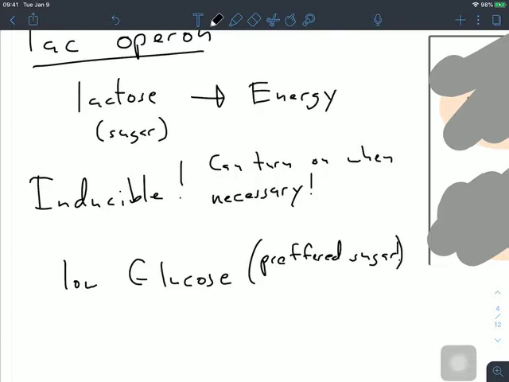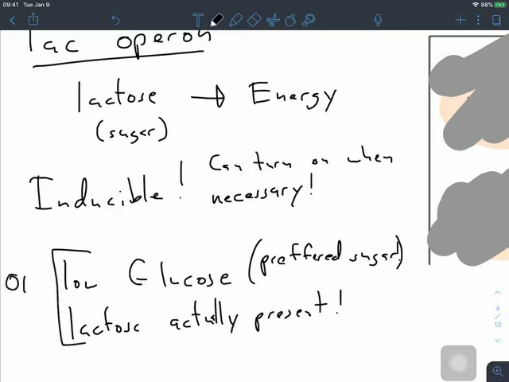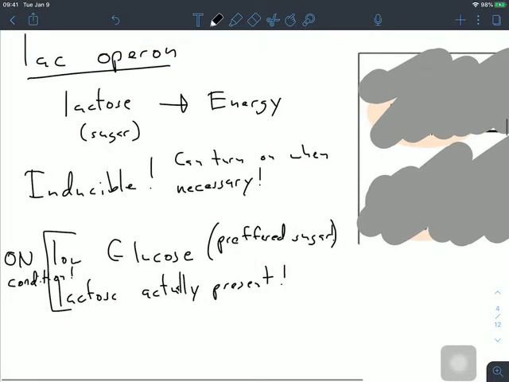So you're going to want to turn the lac operon on when glucose is low and lactose is actually present. These two describe the on condition. Everything else, generally speaking, should find the lac operon off.